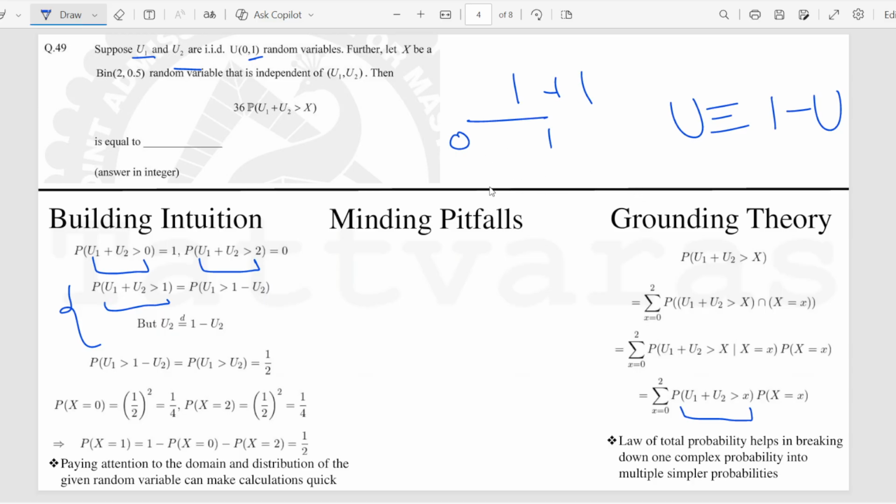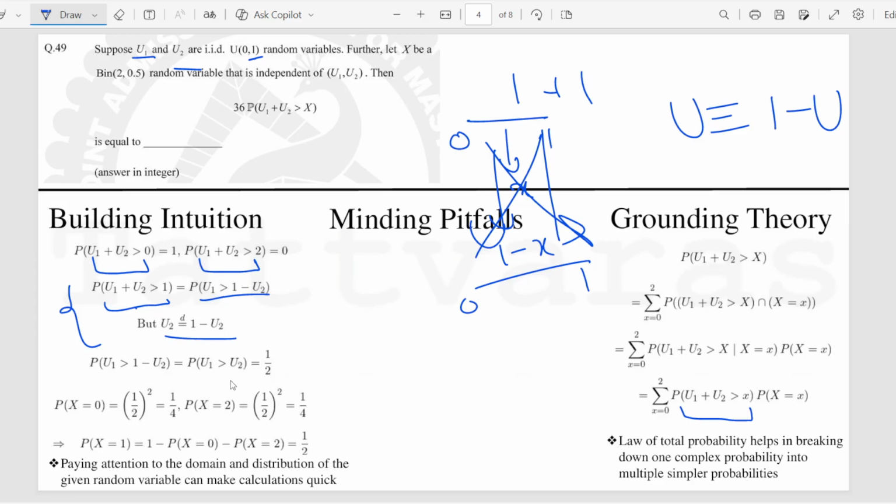So when you subtract a value x from 1, it will again lie in the 0 to 1 interval only. It's just a reverse mapping of the entire setup, with equal probability. So you just tweak this probability to be this, then you notice the similarity in distribution.